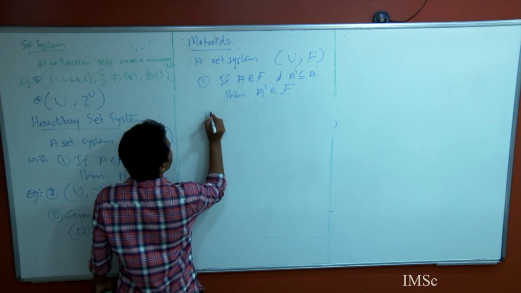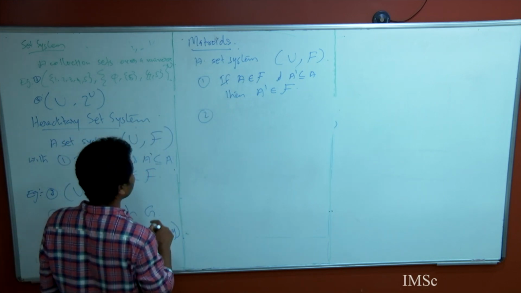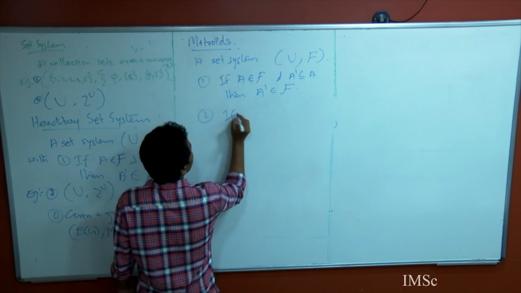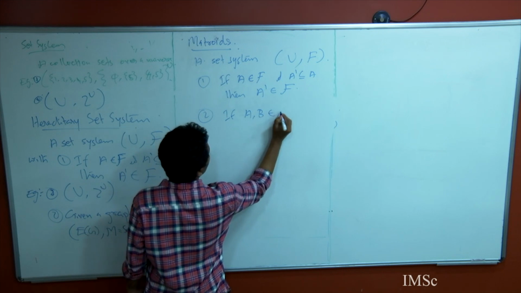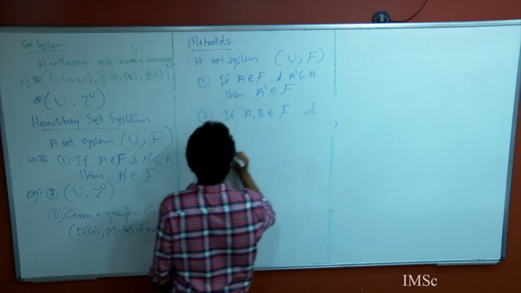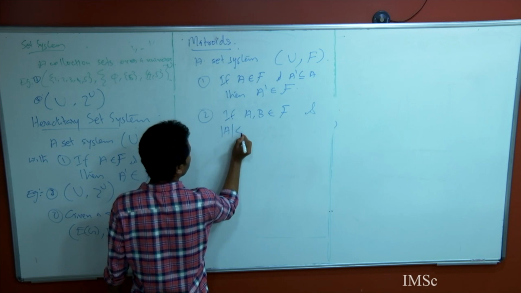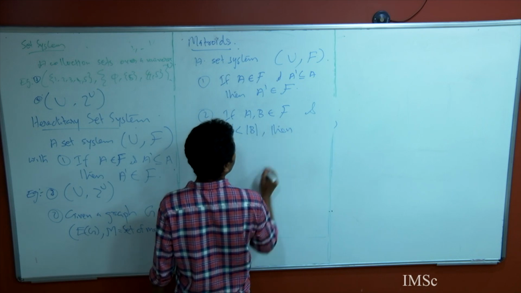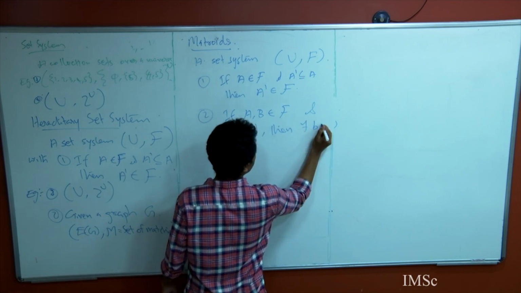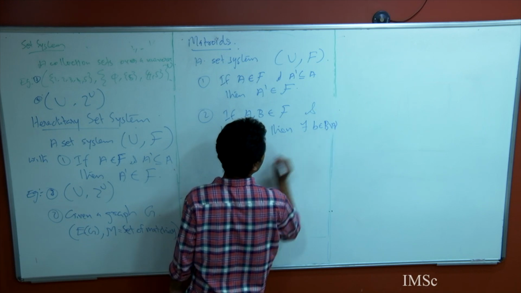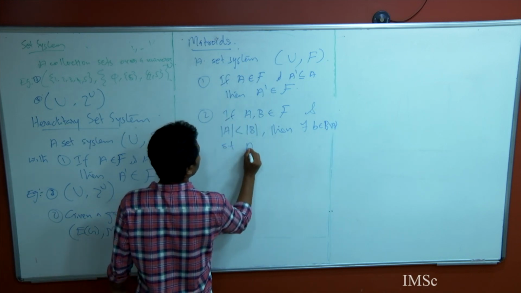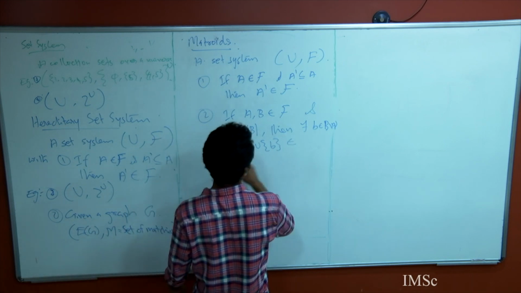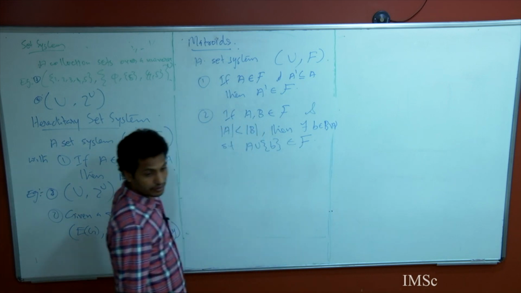The other property is called the exchange property, which is as follows. If A, B belong to F and the cardinality of A is strictly less than that of B, then there exists an element in B minus A such that A union that element belongs to the family.